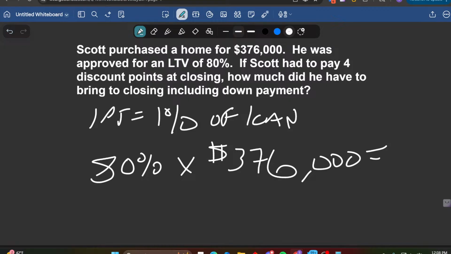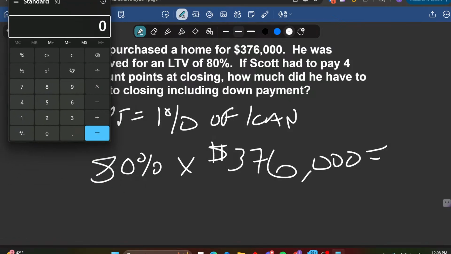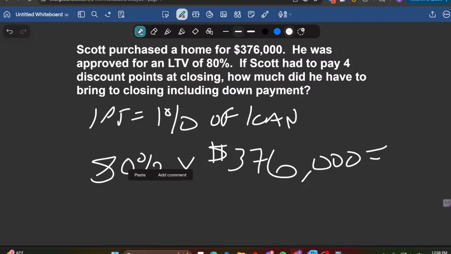Let's get our handy dandy calculator out and take a look. 80% of, or multiplied by the sale price, is going to give us our loan amount. So 0.80, which is 80% as a decimal, times 376,000 equals 300,800. So let's write that in.